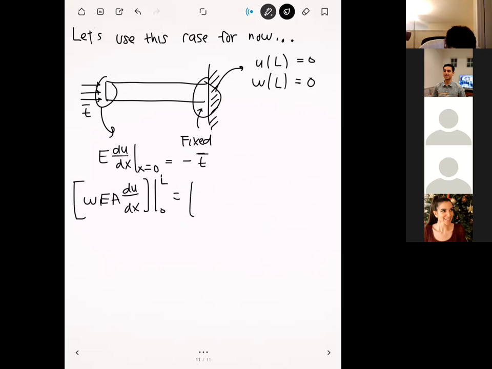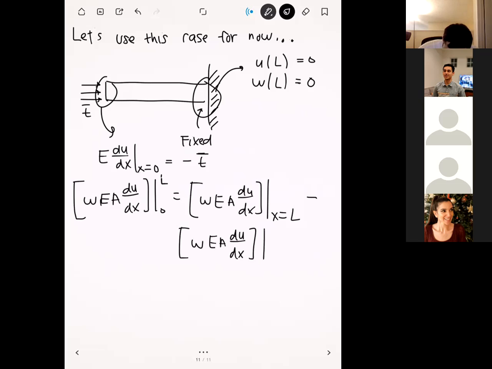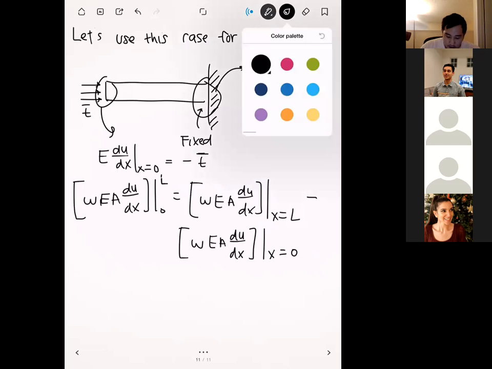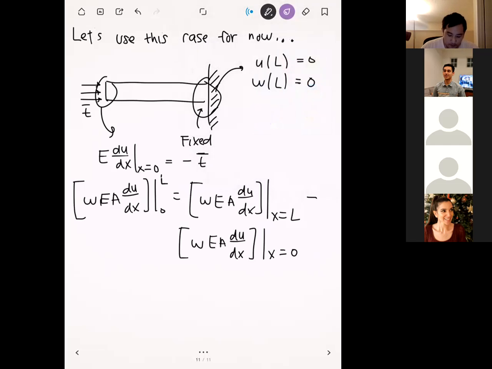And so what we get is w E A du dx at x is equal to L minus w E A du dx at x is equal to 0. This is just evaluating integrals and plugging in the bounds.